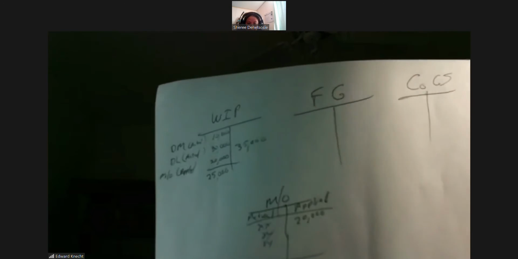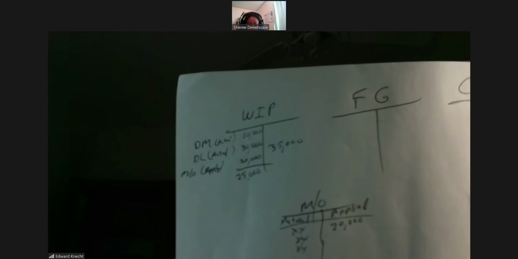Now, when we complete these goods, let's say that totals $60,000, but we only transfer out, say, $35,000. If we transfer $35,000 out, then we have $25,000 still in the work in process inventory. Do you see that?